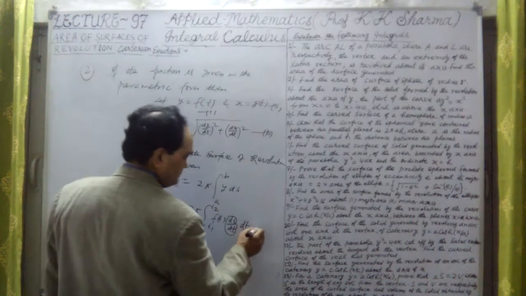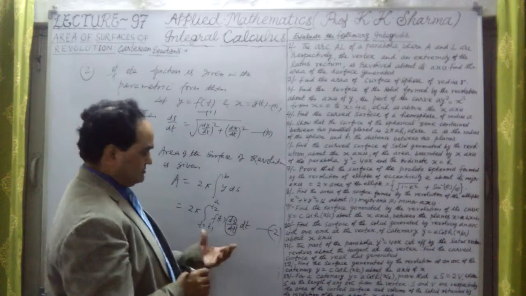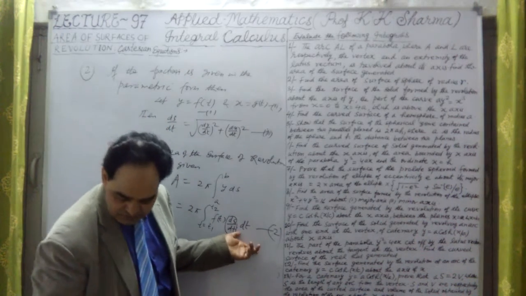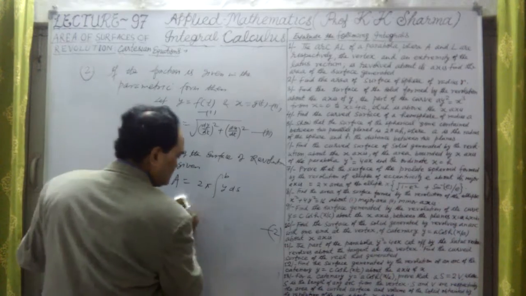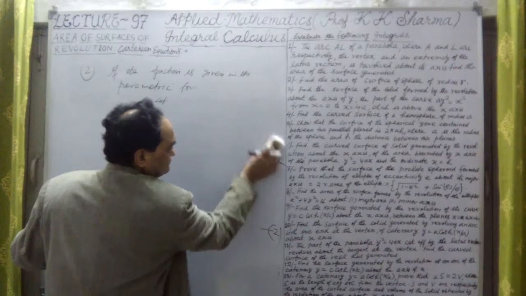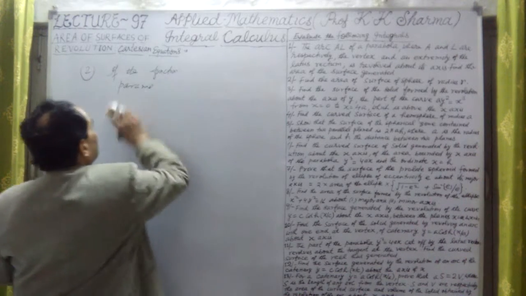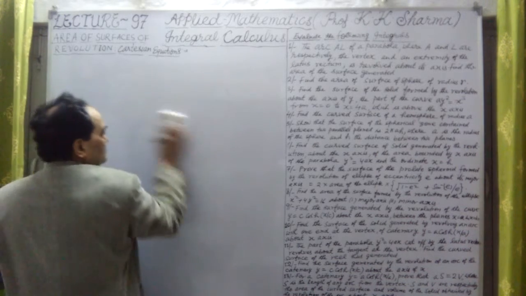Okay, this is your second important topic that we will discuss in the next lecture. And in case it is given in polar form, let me talk about polar form also. What is the formula for polar equations?